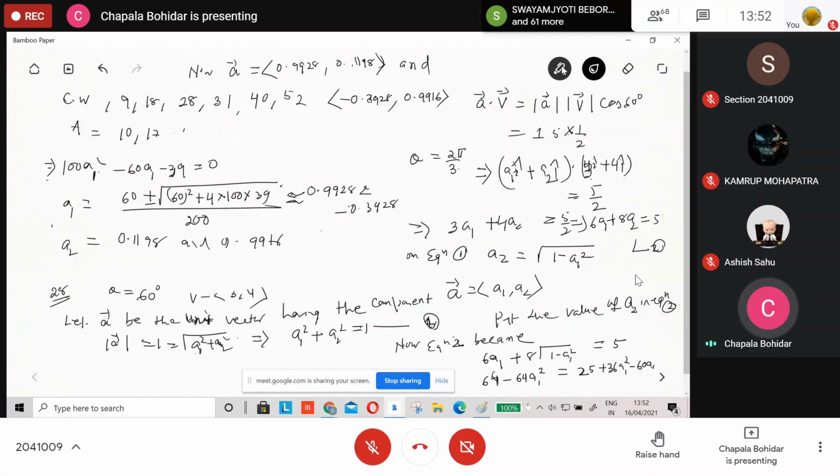Question 31: find the acute angle between the curves at their point of intersection.